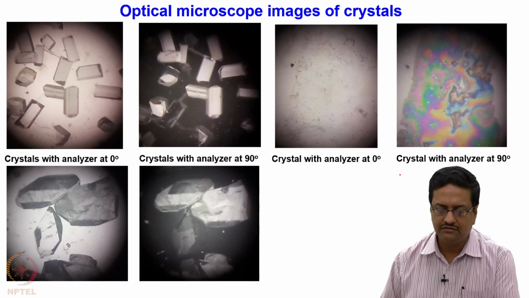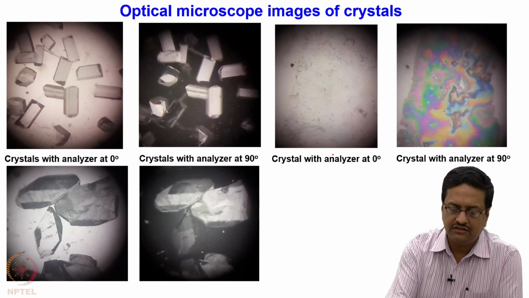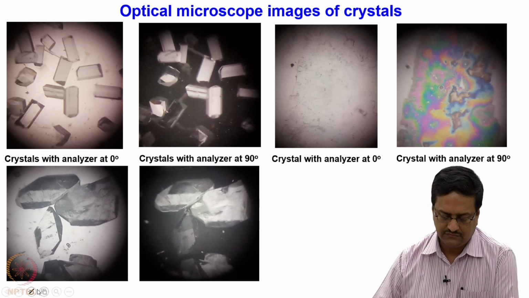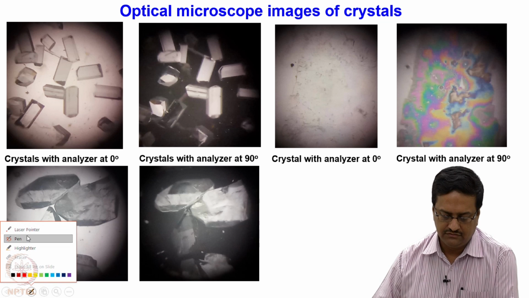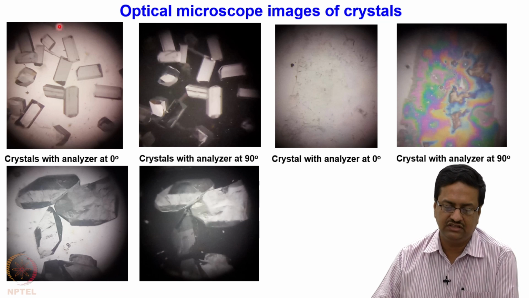Here in the first picture, what we have is the image of a set of crystals with the background bright, which means the analyzer is kept at 0 degree and the light is passing through both outside the crystal and inside the crystal.